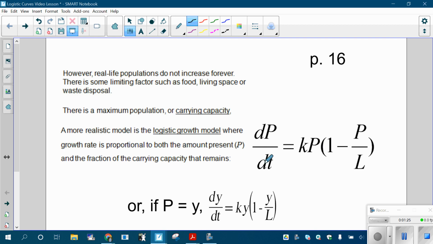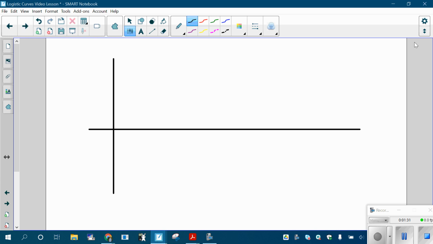And before I talk about this, what this type of curve looks like is like this. I'll show you. It starts out looking like it is going to be exponential, and it does behave exponentially. It's going up and up and up, but at some point it levels off.